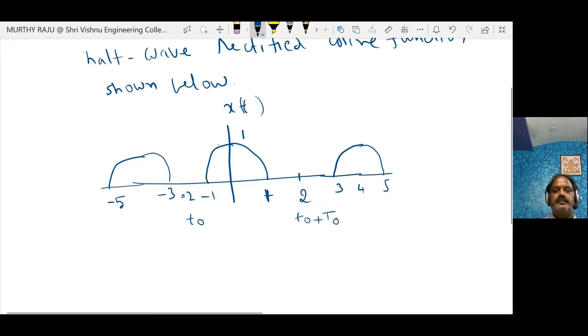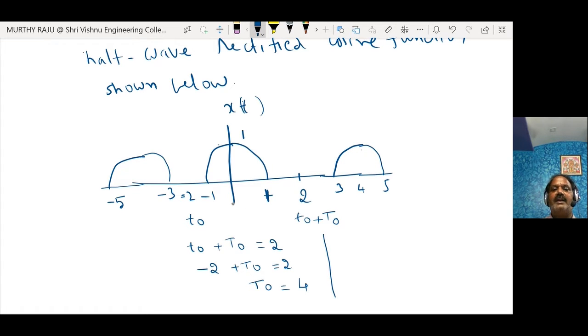Therefore, small t naught plus capital T naught is equal to 2. We know that small t naught is minus 2, so minus 2 plus T naught is equal to 2, so T naught is equal to 4.